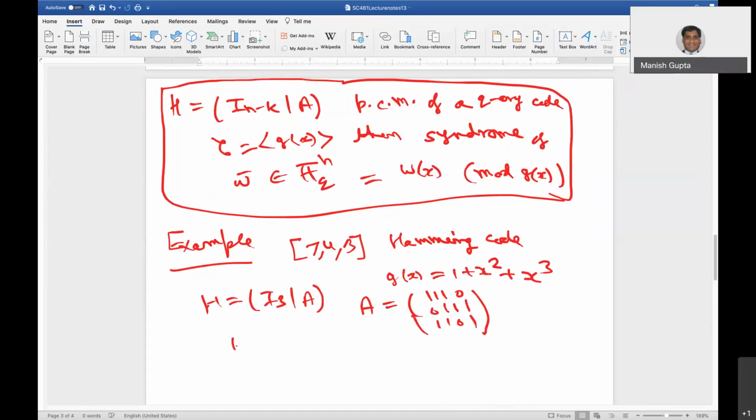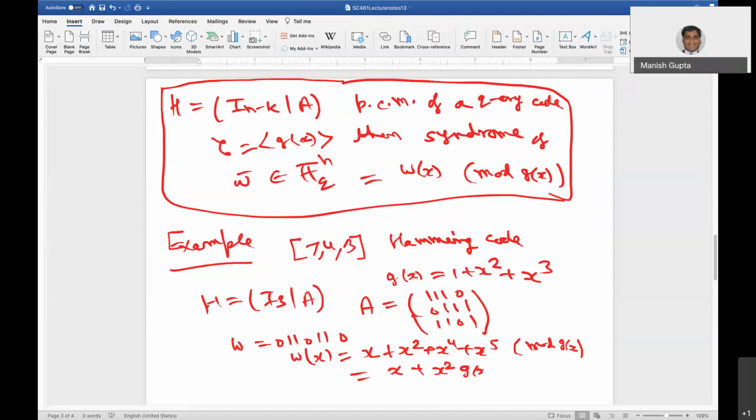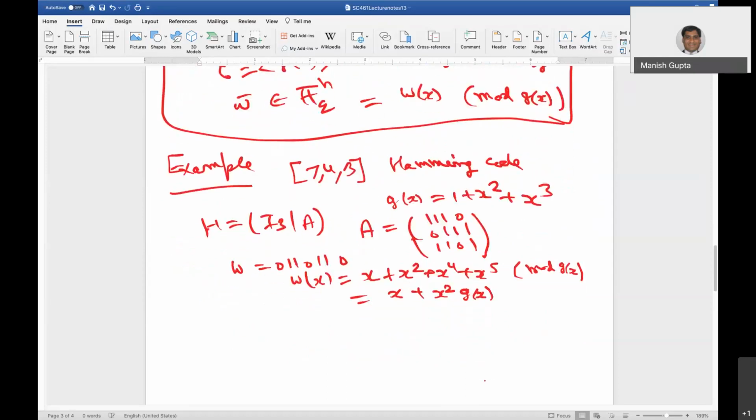If w is 0110, so w(x) will be x plus x square plus x raised to power 4 plus x raised to power 5, modulo g(x). If you want to find out what is the value, it turns out that I can write it down as (x plus x square) times g(x) plus x. So this value is x modulo g(x). Okay, so this is our syndrome.